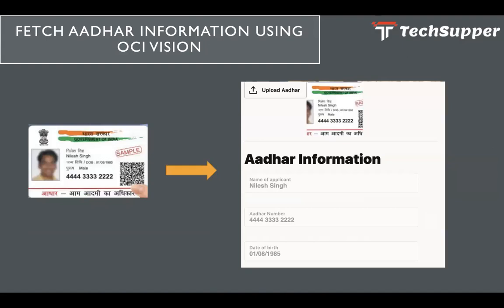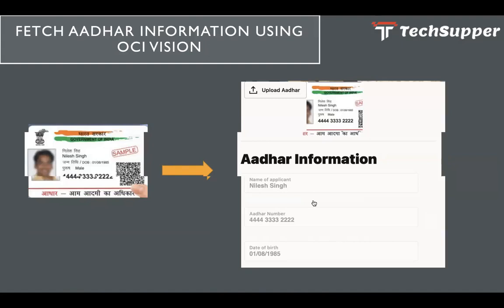I will call that API, upload the copy of the Aadhaar and show the relevant information I want to show you. By the end of this video, you will see I will have this Aadhaar, upload it on the Visual Builder page, and get the information like in this image. Let's get started and understand how we can extract that information.